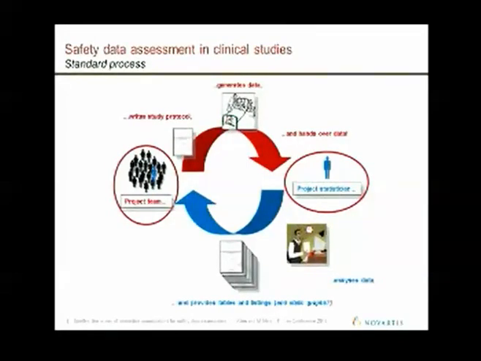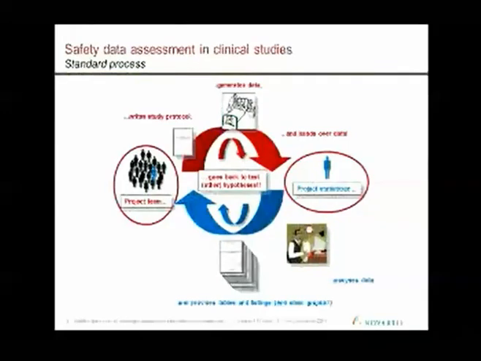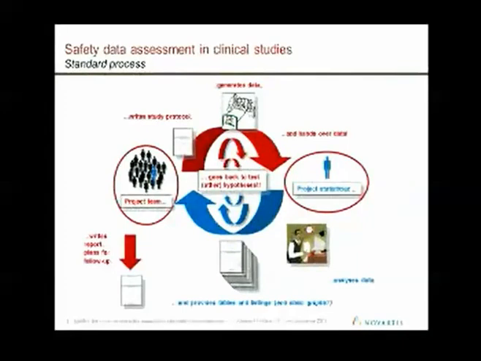So they may decide to go back to the statistician and ask him to test certain hypotheses, to produce maybe a certain specific plot in order to help them better understand the data. And this is a circle that can go on quite often. It's pretty time-consuming. It's not necessarily perfectly efficient. In the end, the team will write up a study report and plan for follow-up, but it is not necessarily the most efficient process.